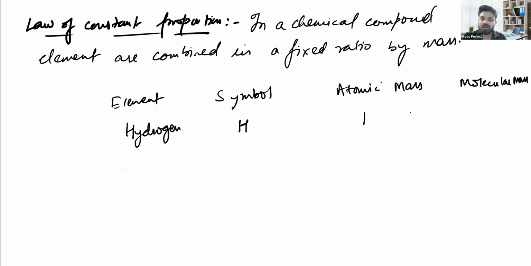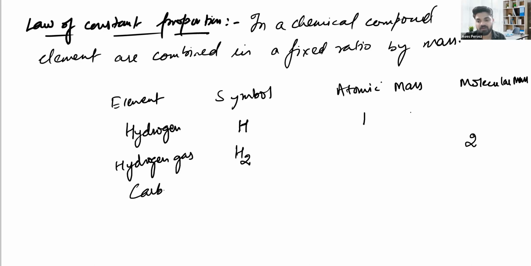But if I'm writing hydrogen gas, it exists in the form of H2. This H2 is not an atom, it is a molecule. So the molecular mass of H2 is 2, because there are 2 hydrogen atoms. Got it?